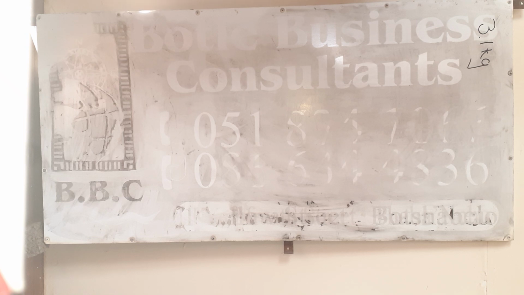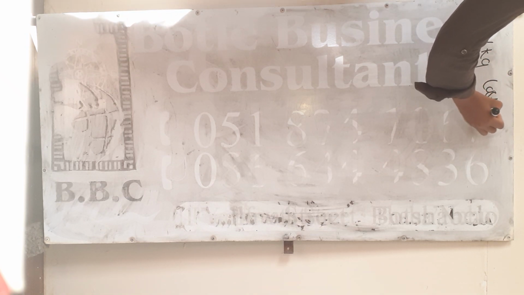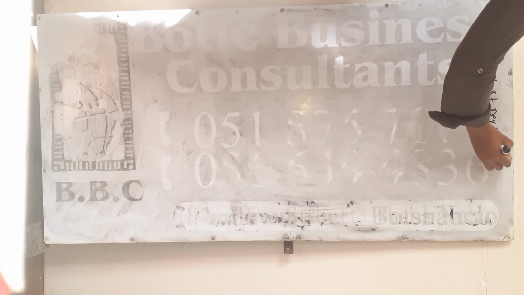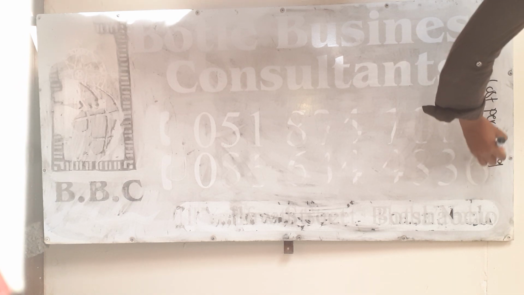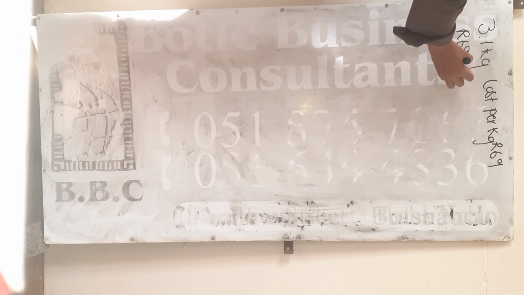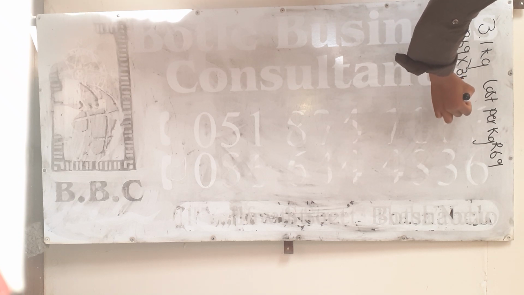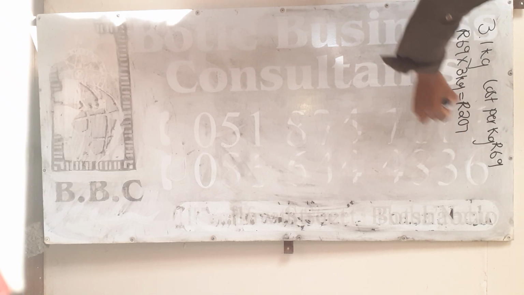Now the cost per kg is 69 rand. So we're going to take this 3 first and say 69 times 3 kg, and that will give us 207.